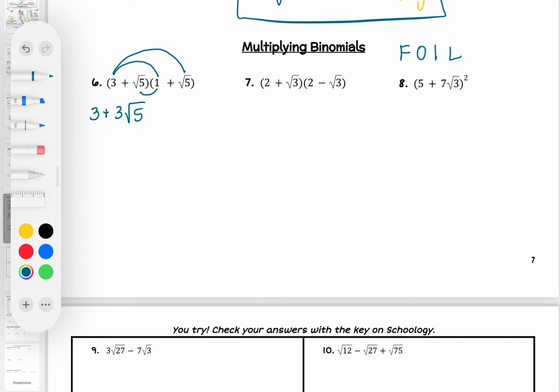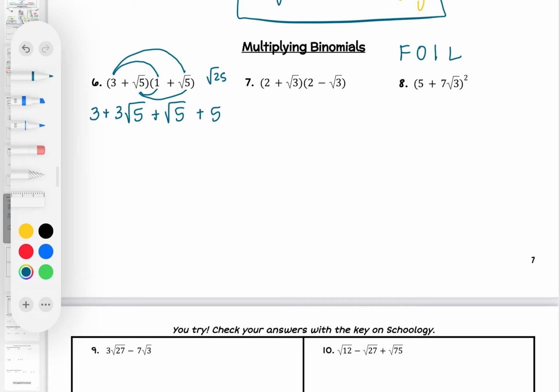Next, we're going to multiply the inside numbers. So we'd have plus square root 5. And then we need to multiply the last 2. And when you multiply and they're the same number underneath, we would just do the 5 times 5. And we would get the square root of 25 when we do that. And we know 25 is a perfect square and it just equals 5.